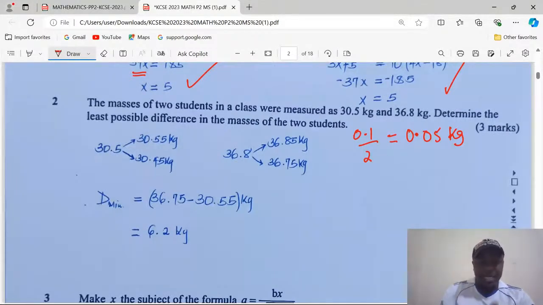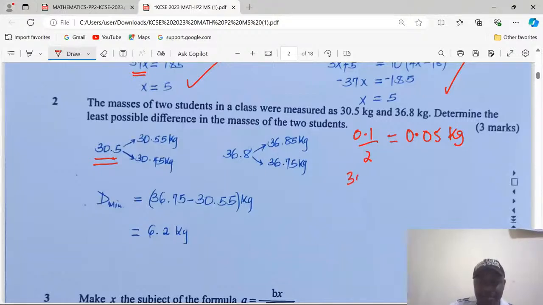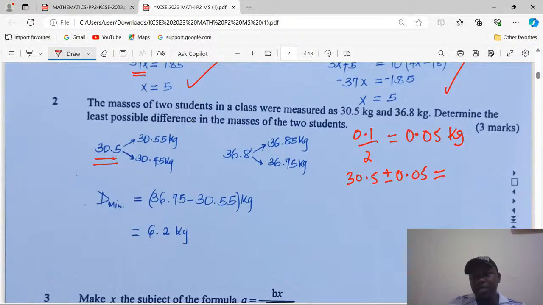The first mass, which is 30.5, we add or subtract 0.05, which means the range is going to be from 30.55 to 30.44. This one is the least mass.